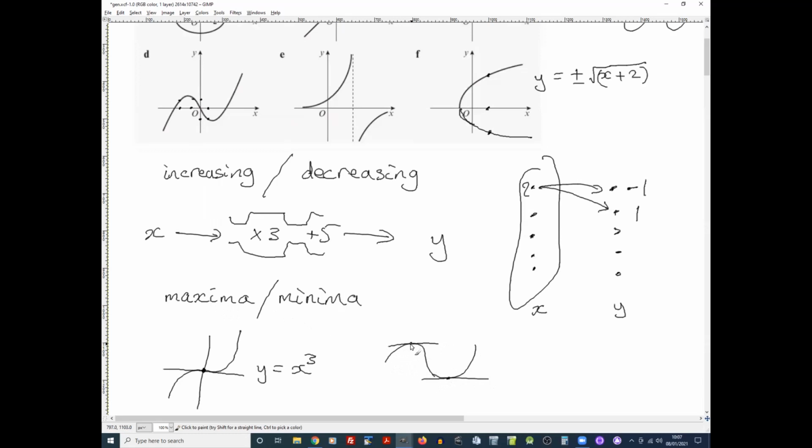It's important because they use this other word all the time. Instead of calling this a maximum, they might call it, less specifically, a point where m equals 0.